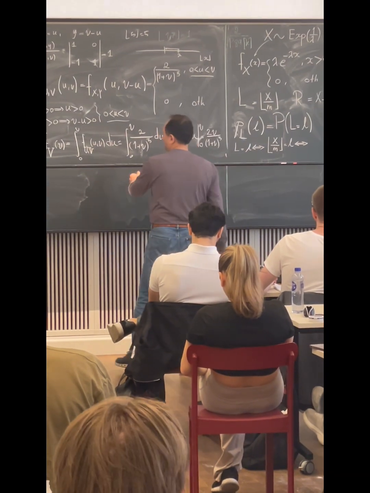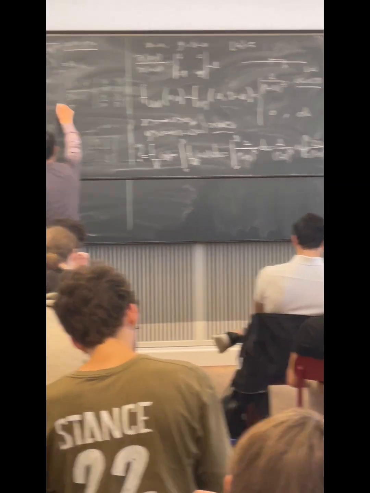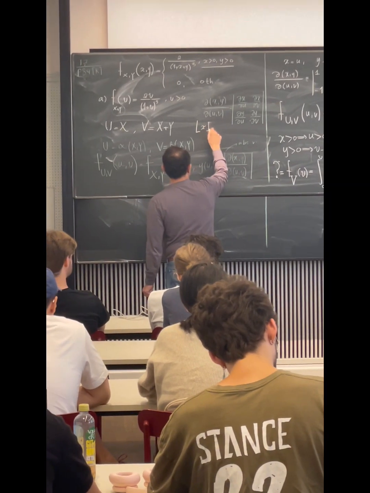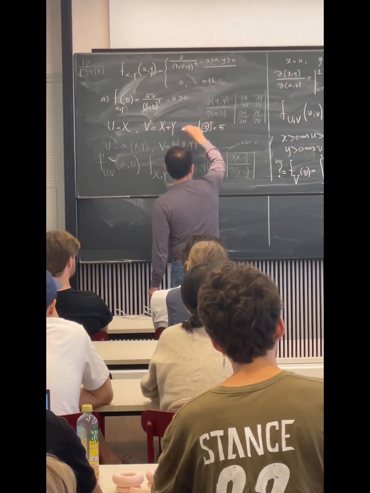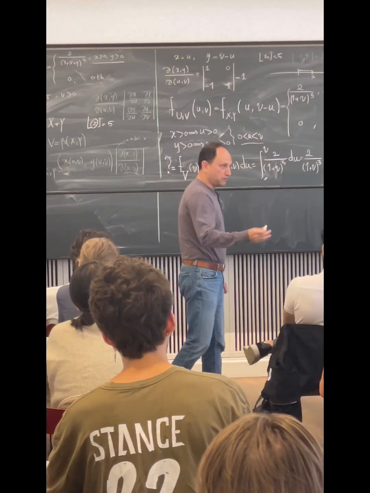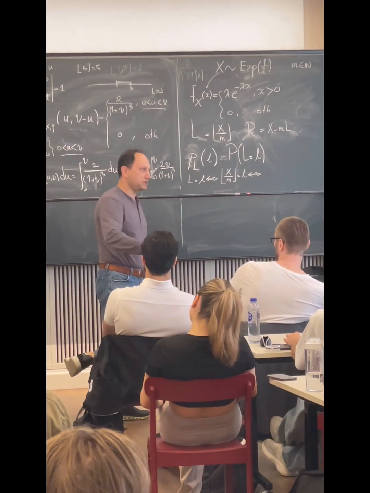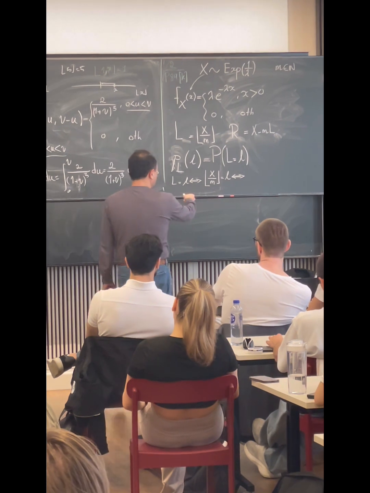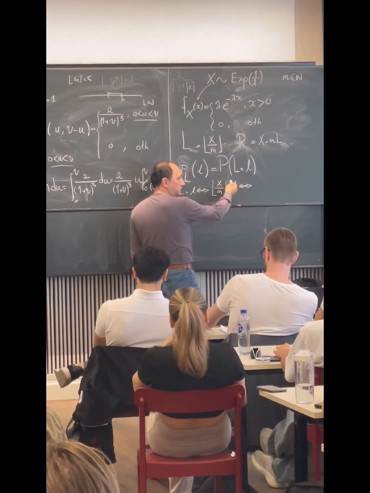For example, if I tell you that the floor of a number x is 5, what can I conclude about this x? X is somewhere between 5 and 6. It might be 5, it cannot be 6. So that's exactly the same thing. Floor of something is L.